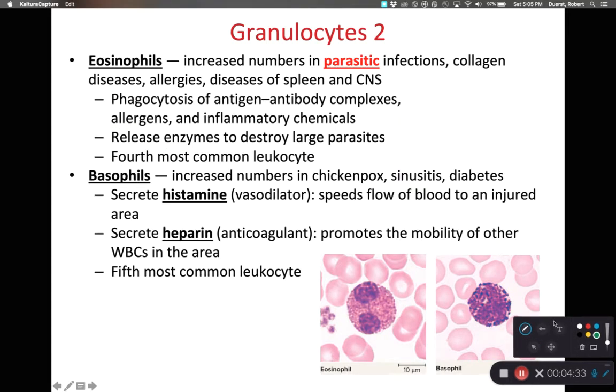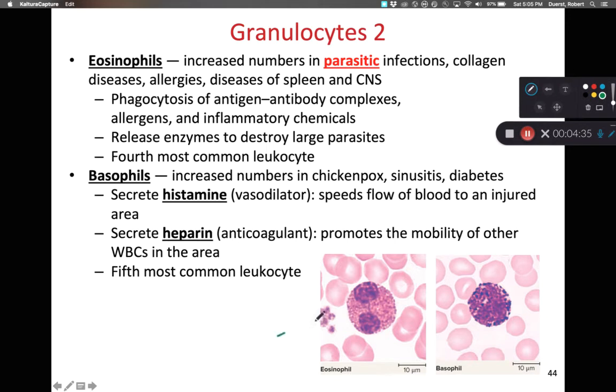As we look at the eosinophils and basophils, on the left we have the eosinophil, and then on the right we have the basophil. Eosinophils are going to focus on fighting off parasitic infections. They are also going to help us with diseases of our collagen and allergic responses and diseases of the spleen and or central nervous system.